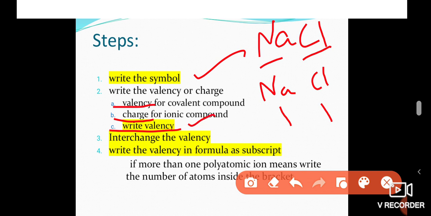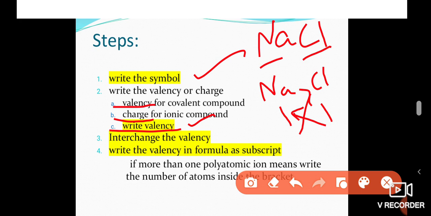And the third step is to interchange the valency. Here the sodium valency is 1 and chlorine valency is 1. Now we interchange the valency. Now sodium has valency 1, and chlorine also has valency 1. Fourth step, write the valency in the formula as subscript.